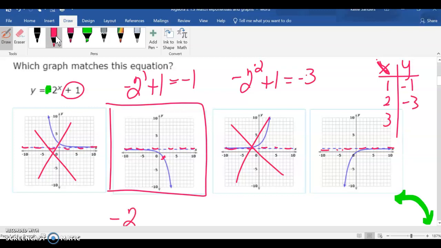And then if I put a 3 in, that'd be negative 8 plus 1 would be negative 7. So 2, negative 3, I know it's hard to see because these are small graphs, and then 3, negative 7, but this is the only one that is going in that direction.